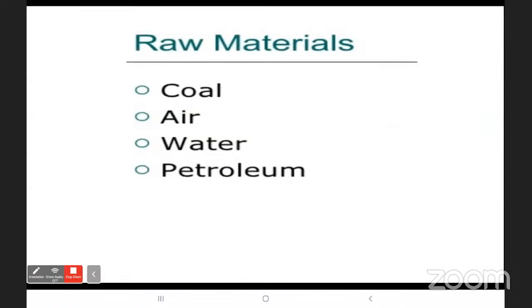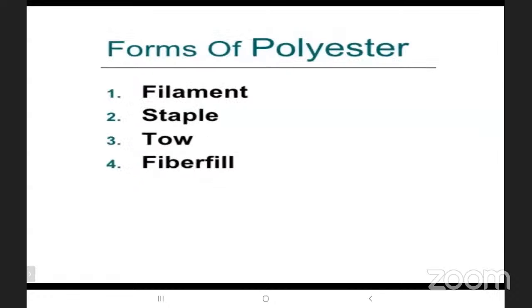So the raw materials used in this polyester fiber are coal, air, water, and petroleum.